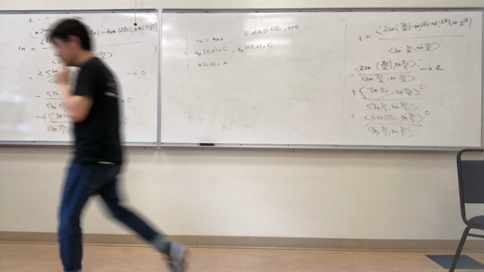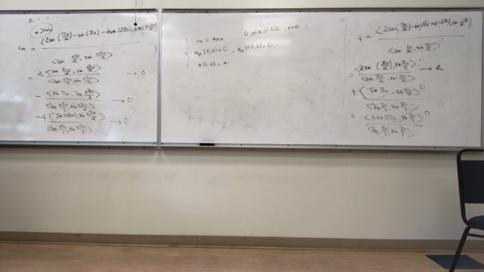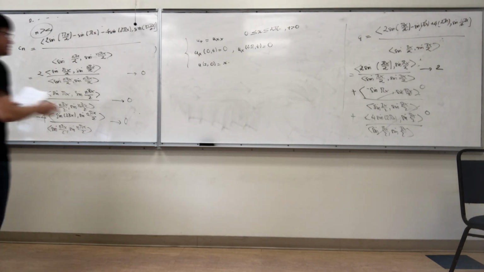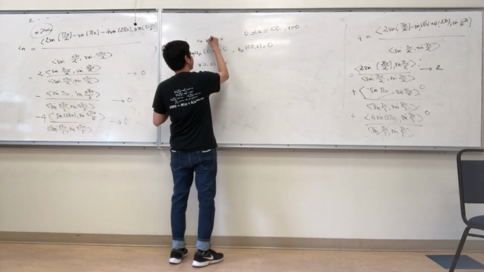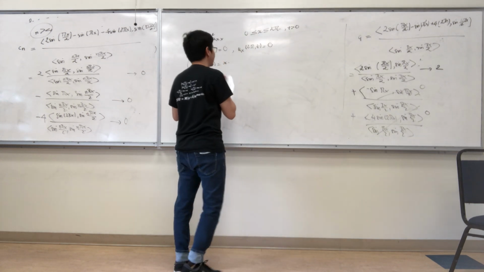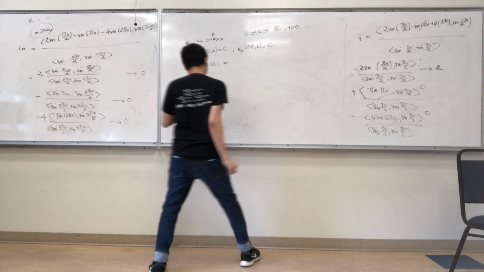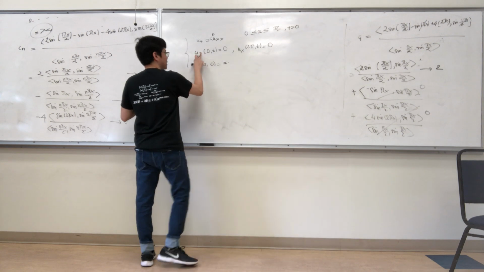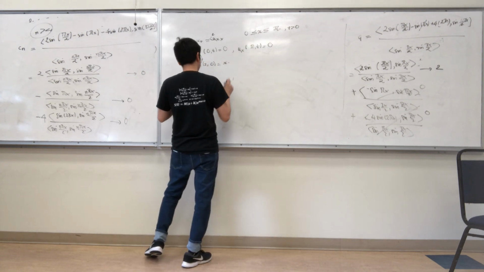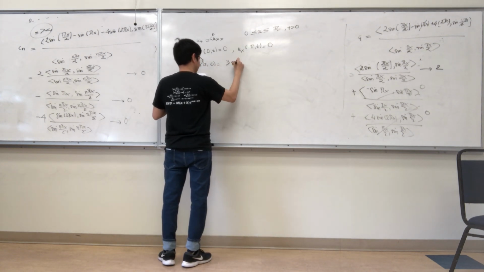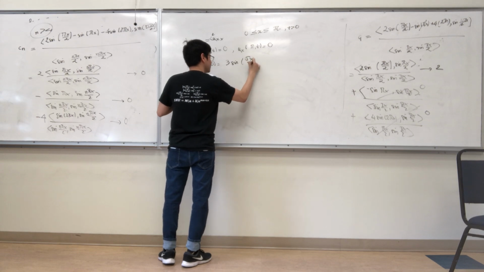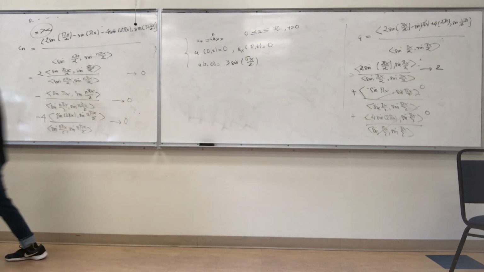Is this the homework? Oh, sorry. So this is alpha squared, where x goes from 0 to pi, ux at pi is 0, and this is 3 sinus of pi x over 2.